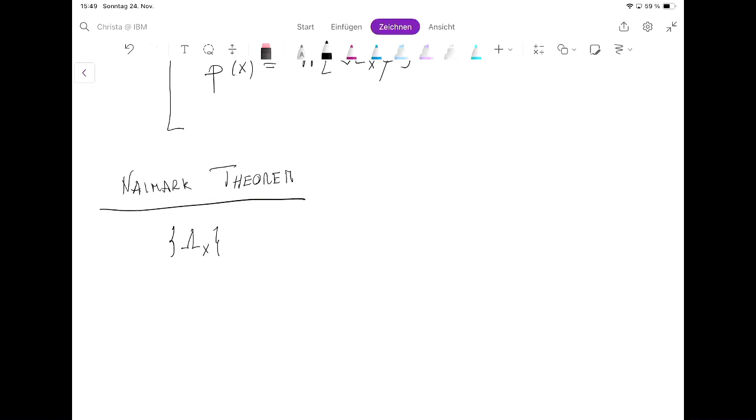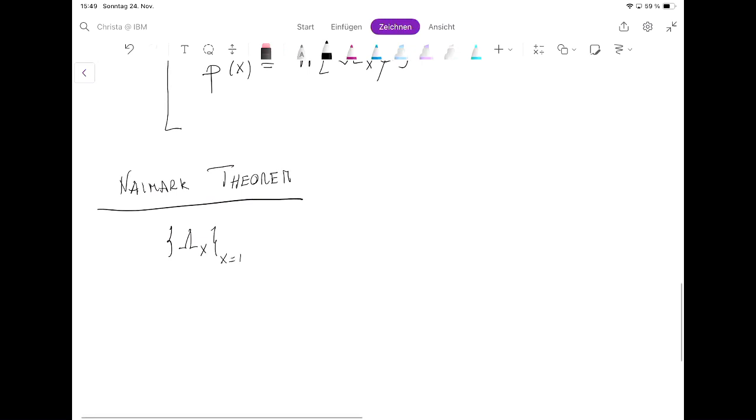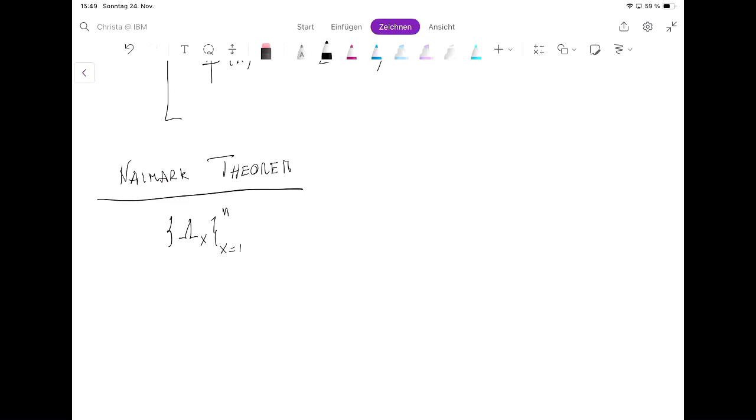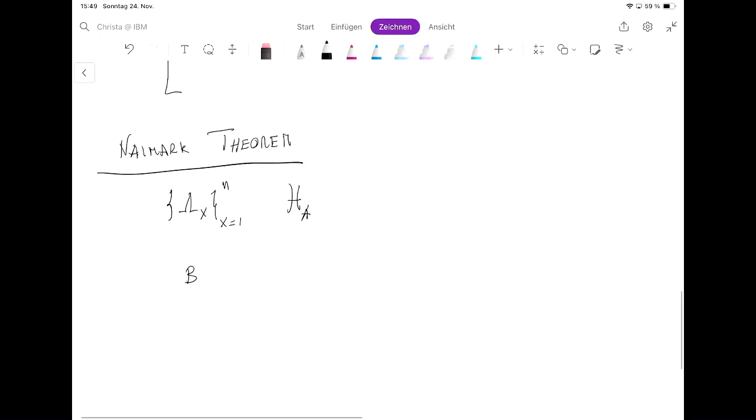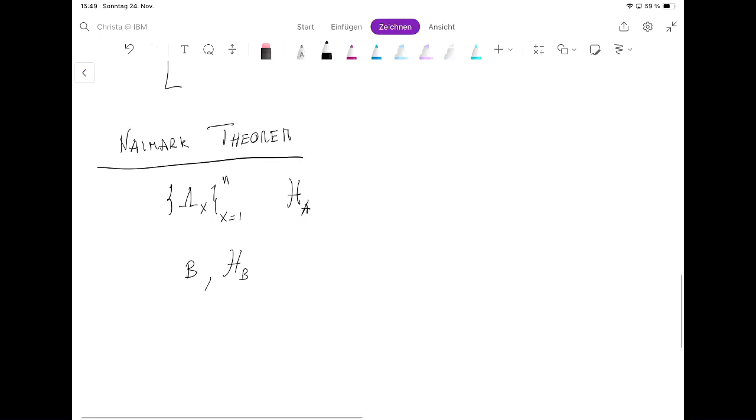If you have n of these, and they act on a Hilbert space HA, on a system A, then you can consider a system B with Hilbert space HB, and you assume that the dimension of B is n. This is a bit more than what you actually need. You can do this with less, but let me do this for simplicity.